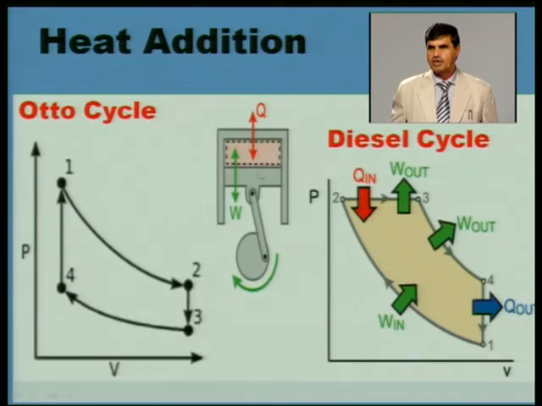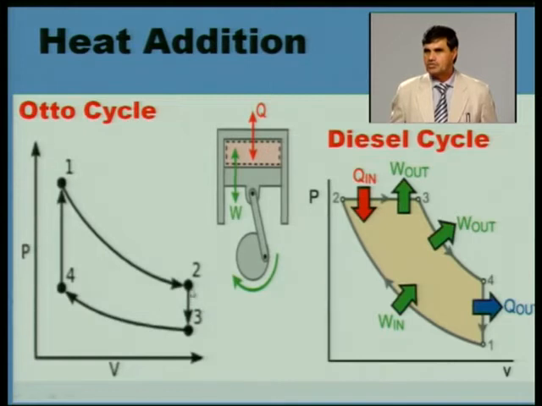The piston is going downward inside the cylinder, and due to heat addition the pressure should increase, but at the same time the piston is going downward, so the pressure remains constant. So it is constant pressure heat addition. In the Otto cycle, the theoretical heat addition process is at constant volume, whereas in the diesel cycle, heat addition is at constant pressure.